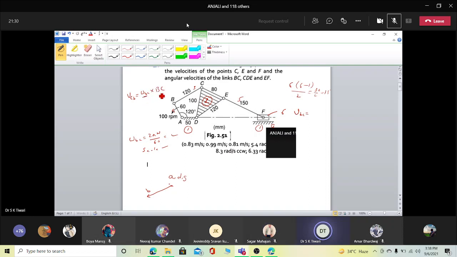The magnitude is not known to me, but I know the direction. When C is rotating with respect to B as a center, the direction of velocity of C will be perpendicular to CB through each and every point on CB, right up to the point B.